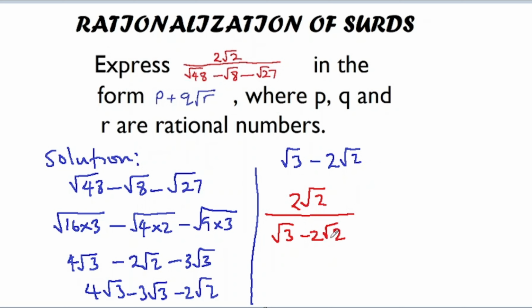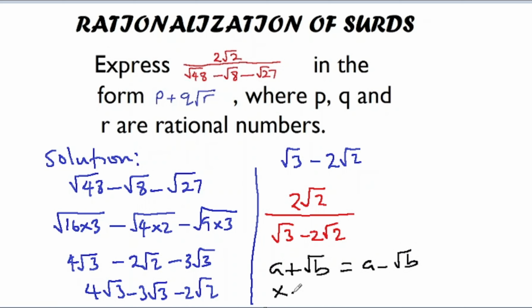Now we are going to rationalize the denominator by multiplying the numerator and the denominator by the conjugate of the denominator. What do I mean by conjugate? For example, if you have a plus root b, the conjugate is a minus root b. It's just the sign that is changing.